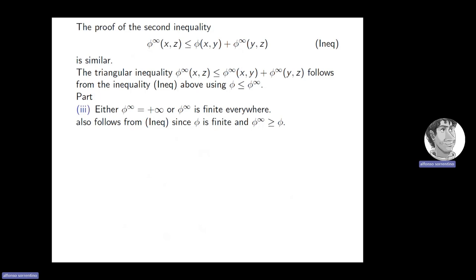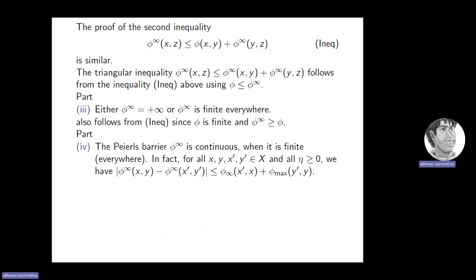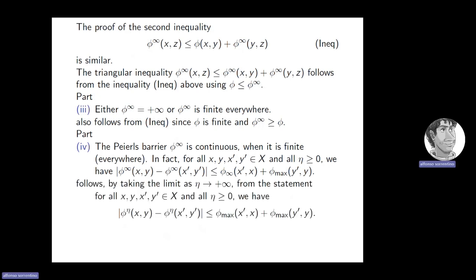And if it's finite at one point, then it's finite everywhere because phi is finite. Now, the inequality on phi infinity follows from the one we established for eta by letting eta go to plus infinity.